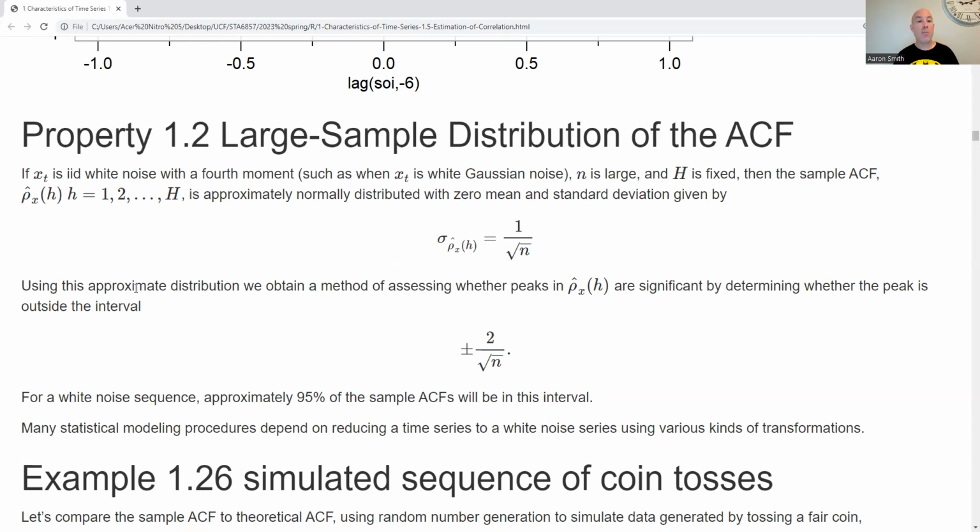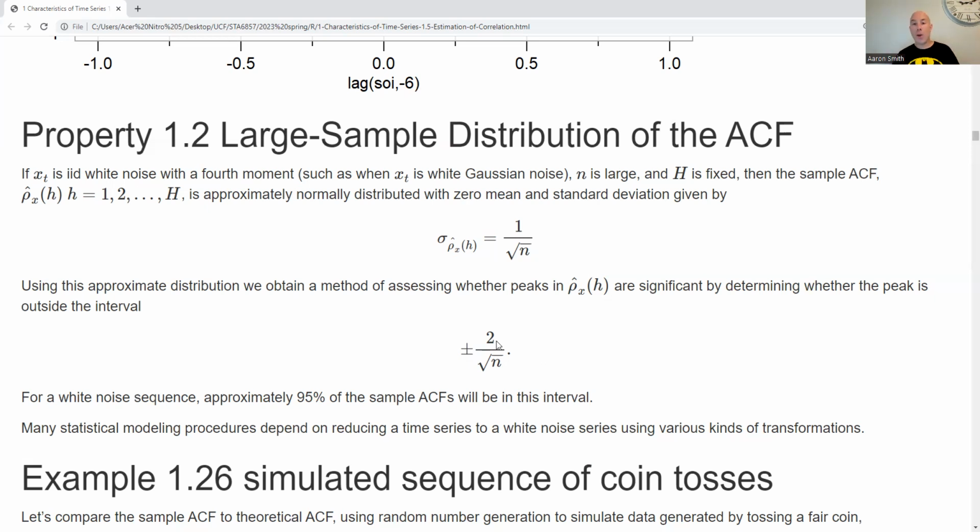Now, using the approximate distribution, we obtain a method for assessing whether peaks are significant by determining whether the peak is inside or outside the interval. Using the normal distribution, whatever level of confidence you're interested in, you can change the numerator, plus or minus 2.5, plus or minus 3, depending on your project, plus or minus 1.96.